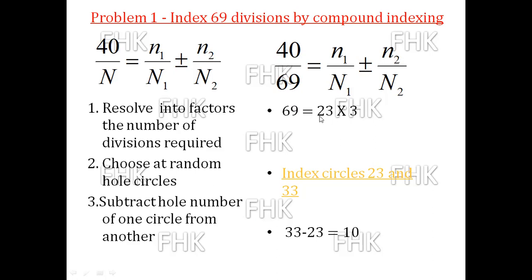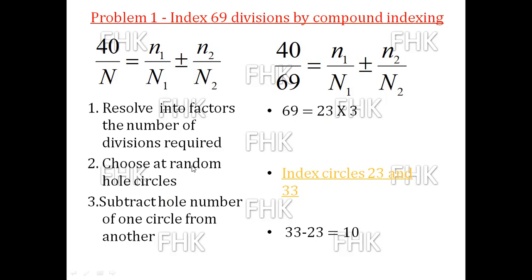I make the factors as 23 multiplied by 3. This is the single factorization; there is no other option to factorize 69. Like this, 71, 89, these numbers have single factorization. So I make the factors of 69 as 23 by 3.